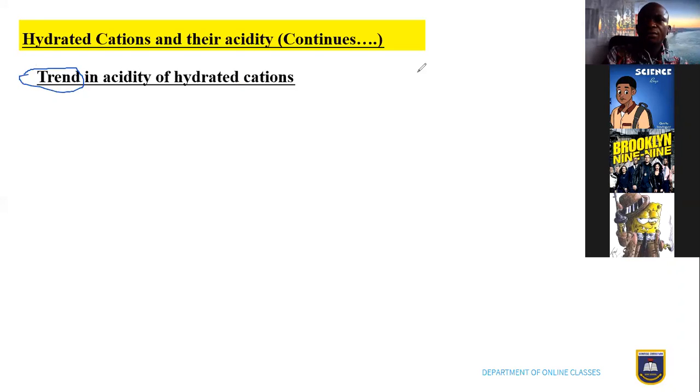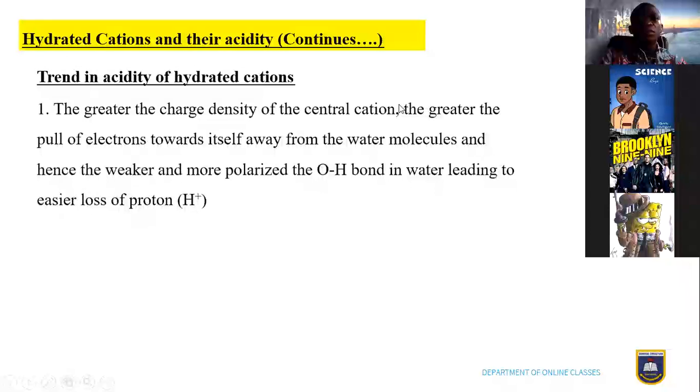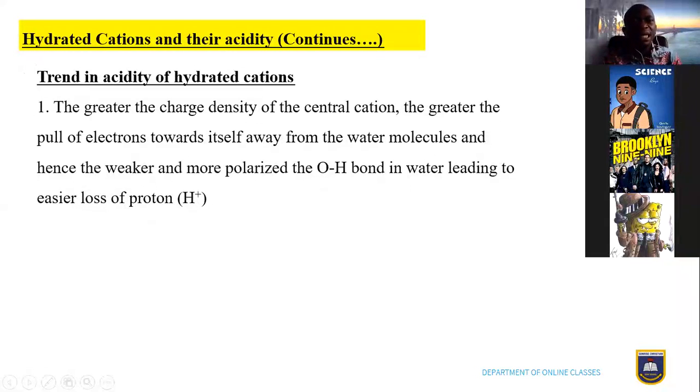The first thing is that the greater the charge density of the central cation, the greater the pull of electrons towards itself away from the water molecules, and hence the weaker and more polarized the OH bond in water, leading to easier loss of proton.